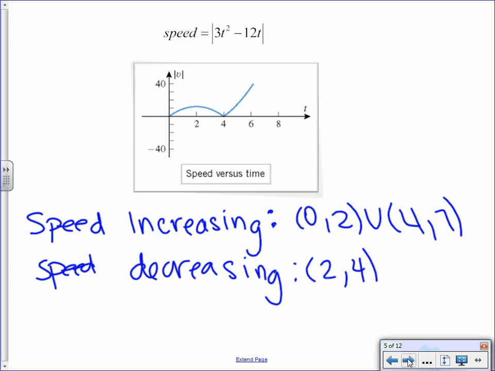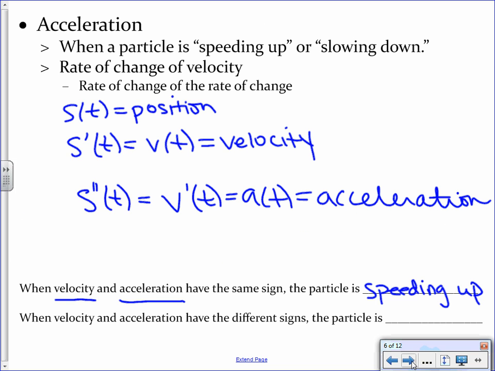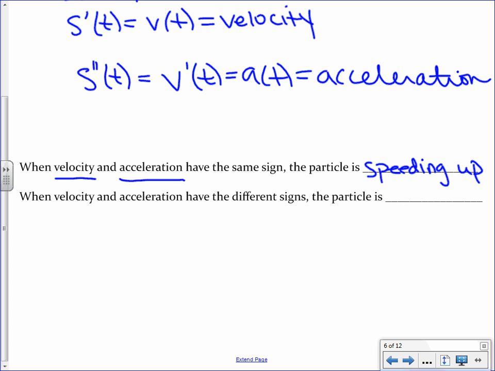Now, in the opposite sense, if you will, if velocity and acceleration have different signs, then our particle is going to be slowing. Okay.